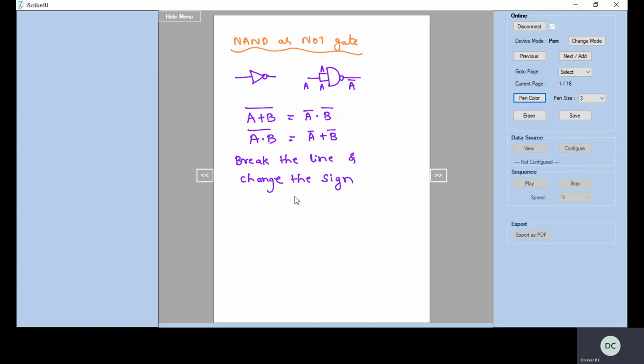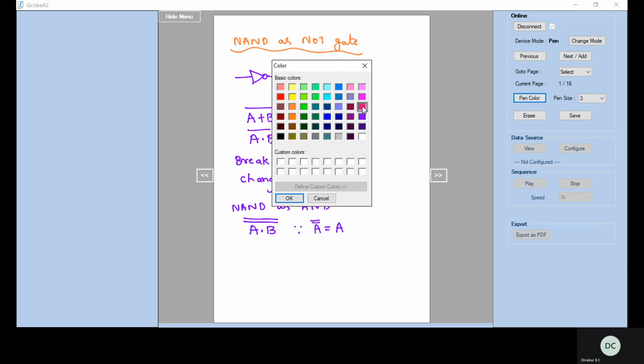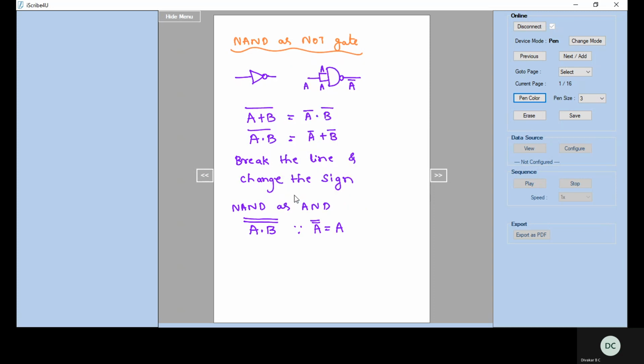So now to implement the NAND gate as the AND operation. Now, what is the AND gate output? It is AB. So in order to obtain AB, we are going to take the double complement. If we take the double complement, it does not violate the law because the basic law is A double complement is A. So now, first take the NAND gate.